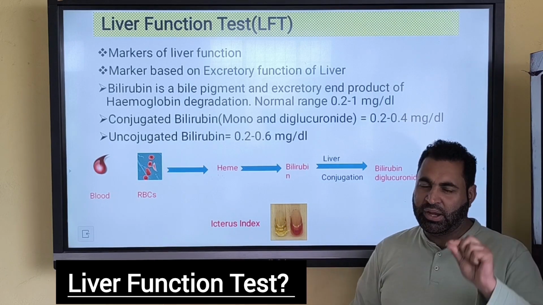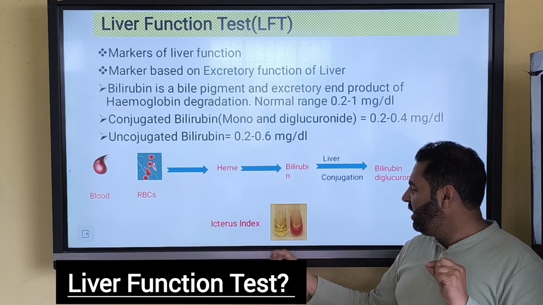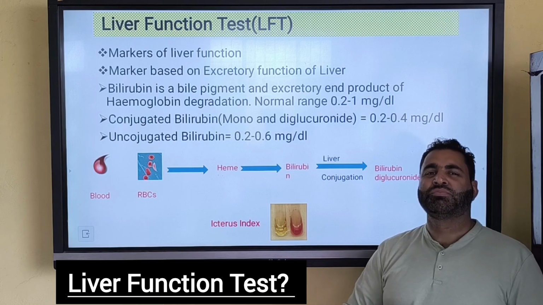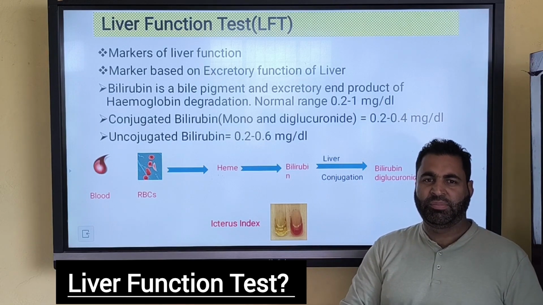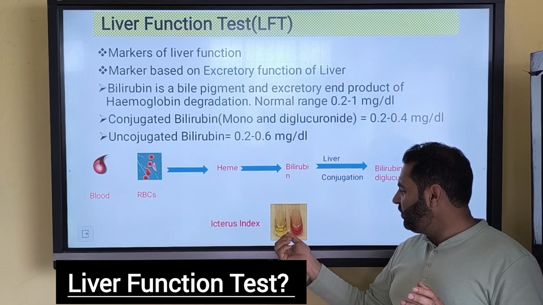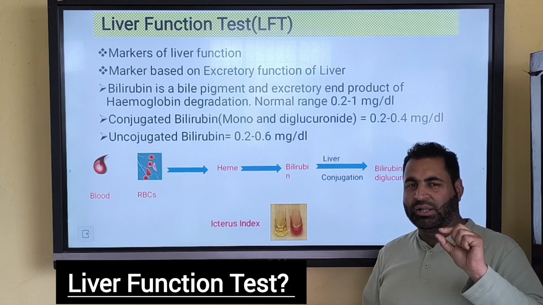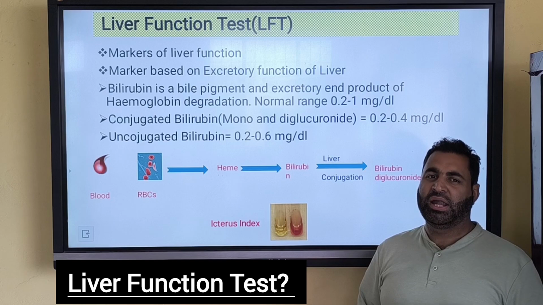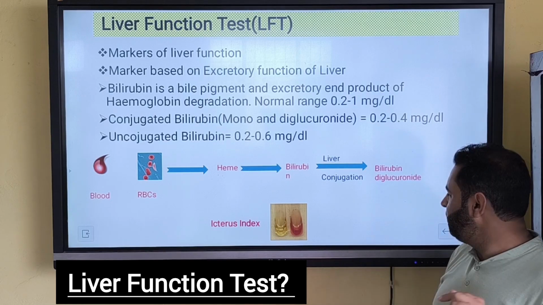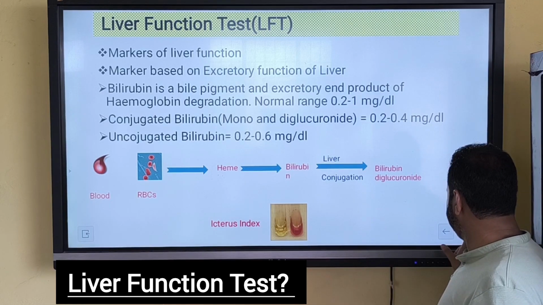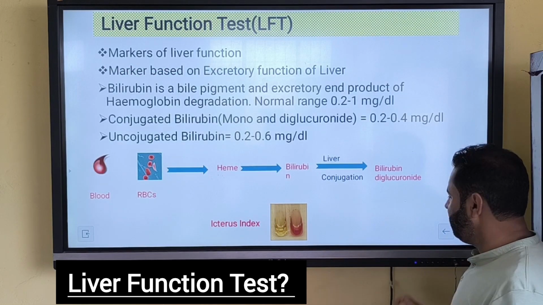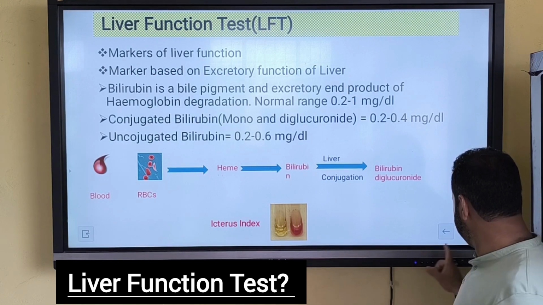Then we compare by eyeballing and see how that serum looks, whether it is more yellow or less yellow. If there is intensity of yellow color, we can presume that that person might have some liver problem. So that is the icterus index. It is a very rough test.